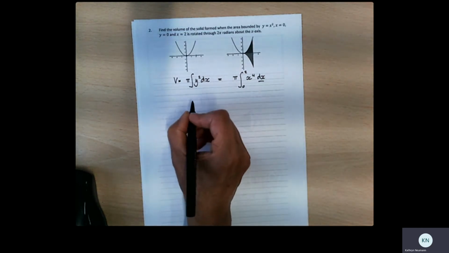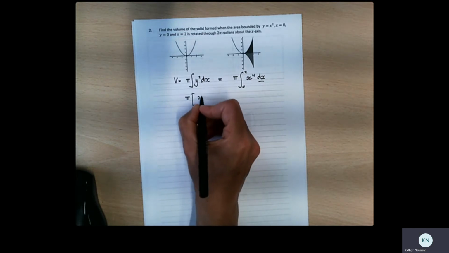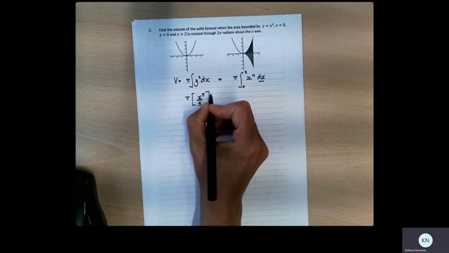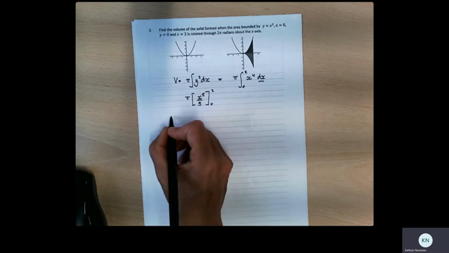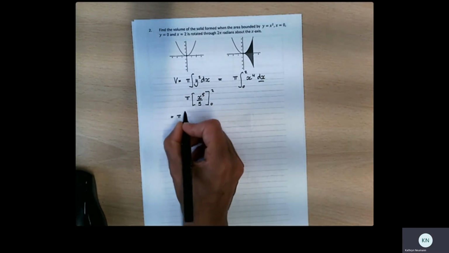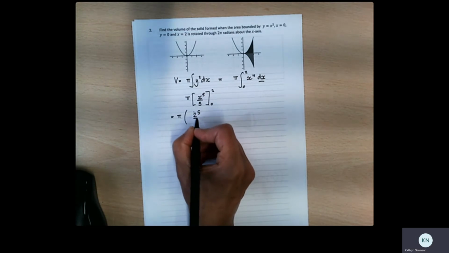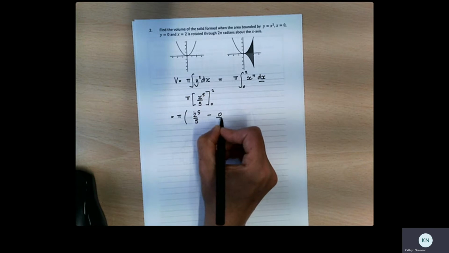So integrating x to the 4, we're going to get x to the power of 5 over 5. And we're going to evaluate that between 2 and 0. So that's going to be pi multiplied by 2 to the 5 over 5 minus 0 over 5.